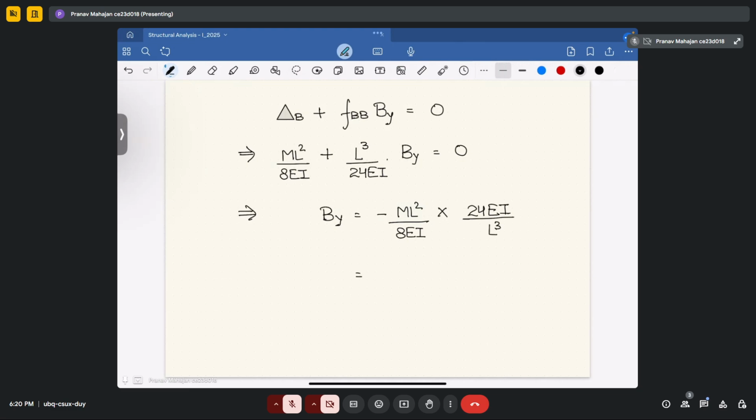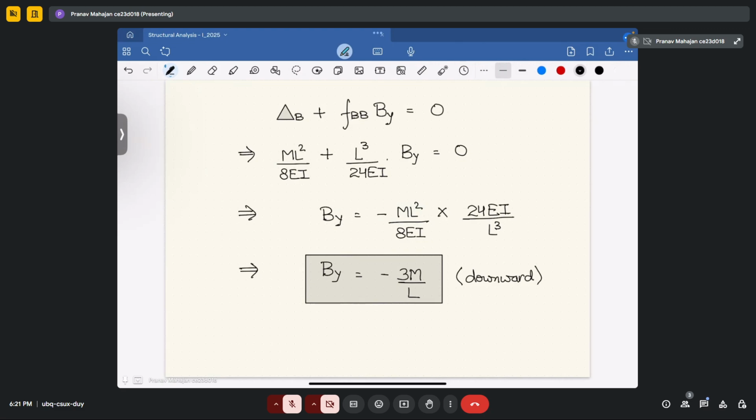This will give you 3M upon L with a negative sign. So your BY comes out as minus 3M upon L. Fine. So this is how you will calculate your unknown force in case of beams using force method.